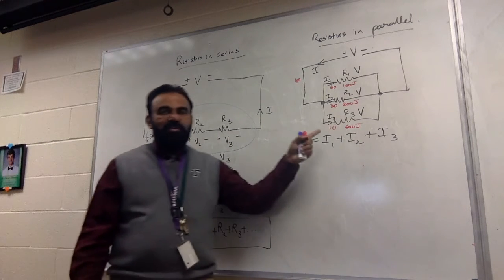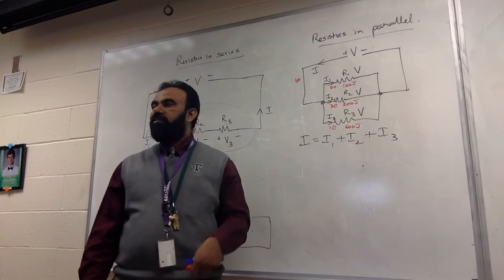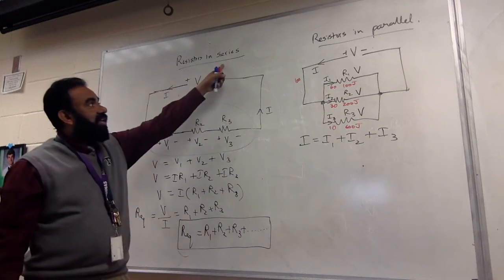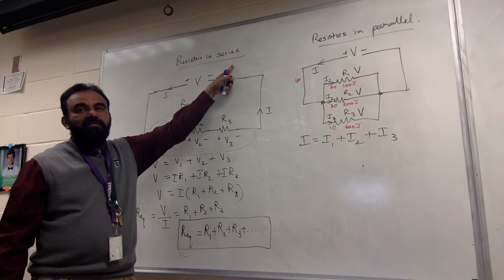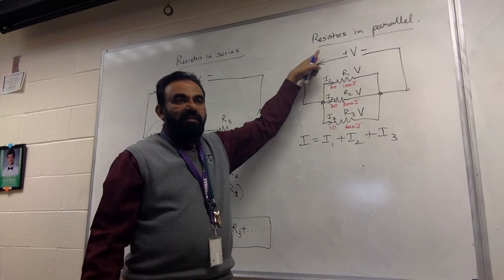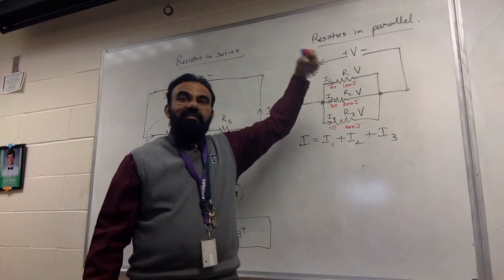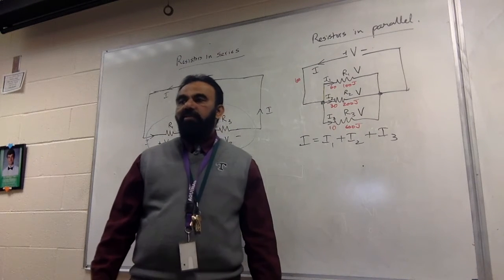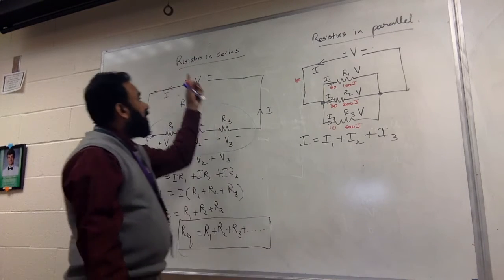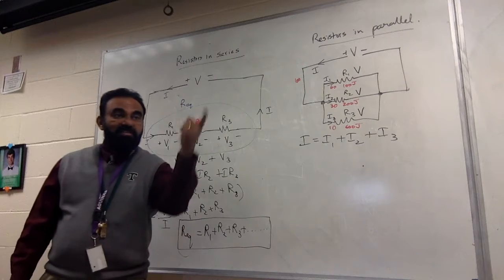I. What is common over here through all of them? Voltage. You can write that next to it. Right here you can say I is common, V is different. And here you can write V is common, but I's are different. In parallel, V's are common, but I's are different. In series, I's are common, but V's are different.